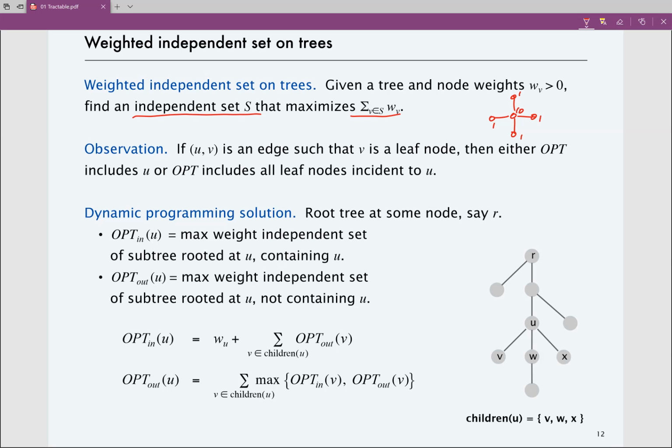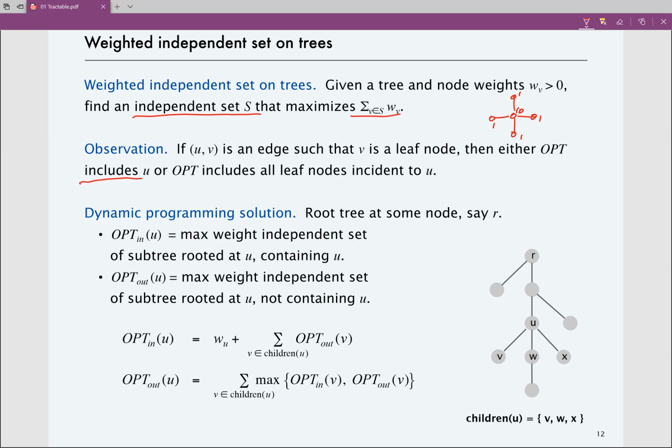The observation is that if you have an edge UV, and suppose that V is a leaf node, then either the OPT is going to include U, or it's going to include all of the leaf nodes incident to U. The reason is that if we choose to include U, then we cannot include any nodes incident to U, because otherwise it's not an independent set anymore.